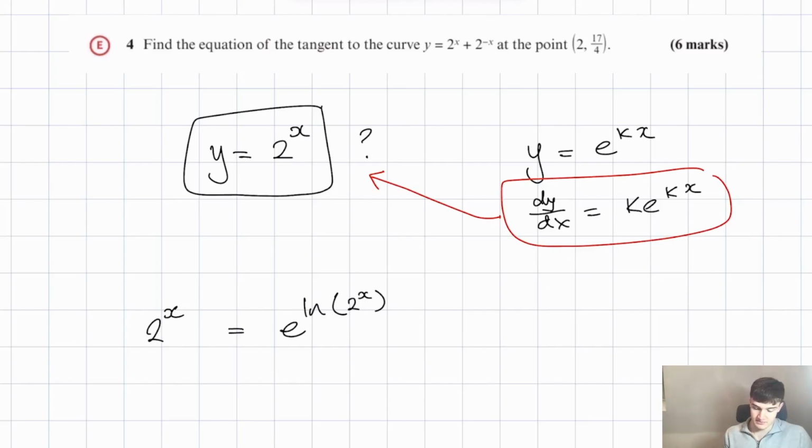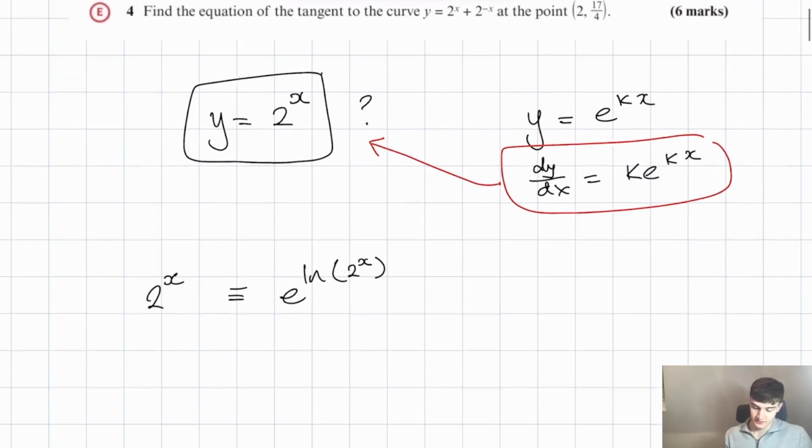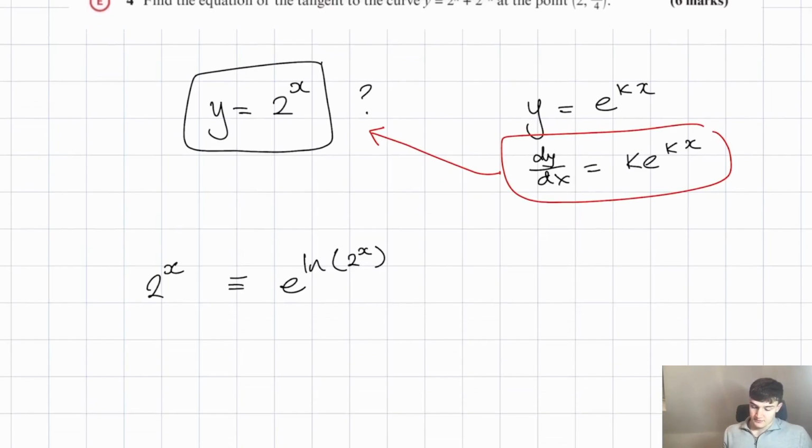Now using the properties of logs, I can take that x and put it at the front. That's going to give me e to the x natural log of 2.